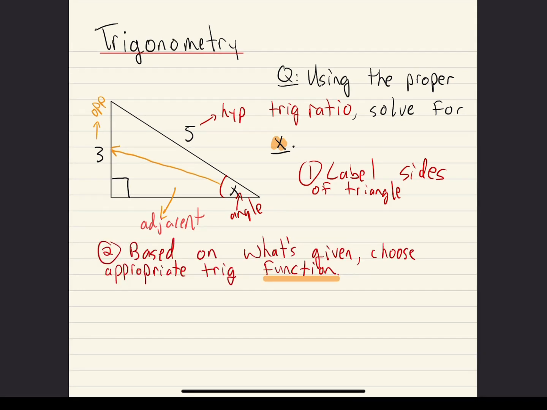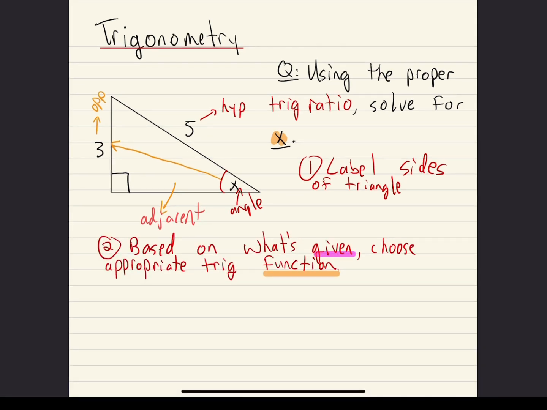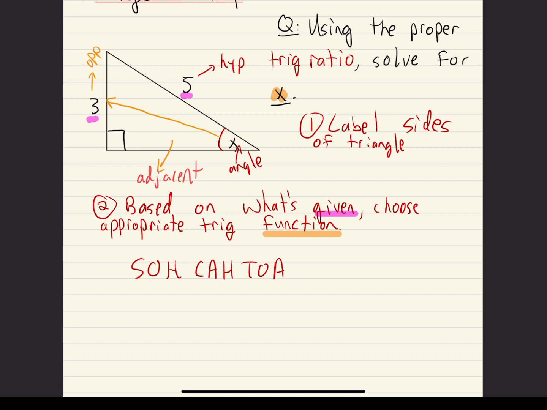The next thing is, based on what's given, I'm going to underline the word given, meaning the sides that are given. In this case, that's the 3 and the 5. Choose the appropriate trig function. So we have the acronym SOHCAHTOA. And that's just really an abbreviation to associate the proper sides with the formulas. So if we're going to use the sine formula, then we need to be given the opposite and the hypotenuse.